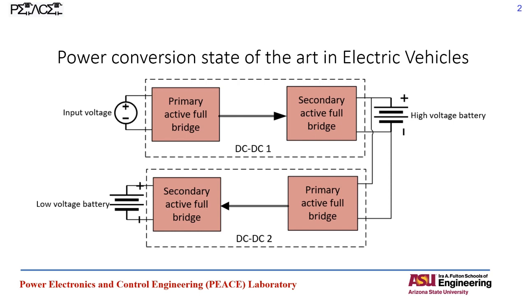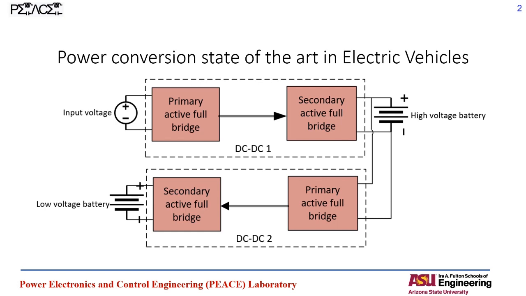One transfers power from a constant DC bus, which could be 400 or 800 volts, to a high voltage battery, which could be variable depending on the state of charge of the battery. The other DC-DC converter transfers power from the high voltage battery to the low voltage battery, and it is bidirectional, so it is also able to transfer power from low voltage to high voltage battery.